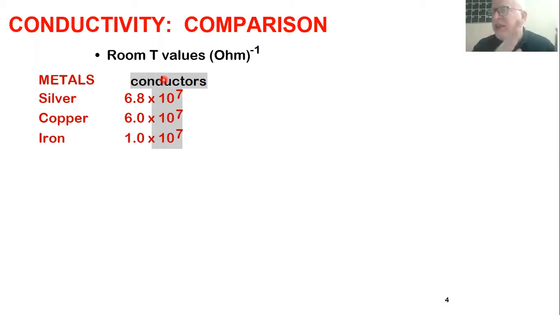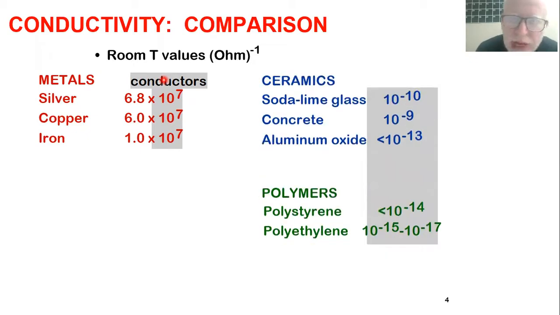So this is a category. And we also have another category, for example, ceramic materials or polymers, where the conductivity is extremely low. Here we are talking about something like 10 power negative 10, 10 power negative 9, 10 power negative 14, negative 15, negative 17, a very low conductivity.